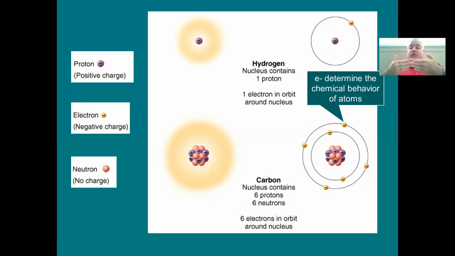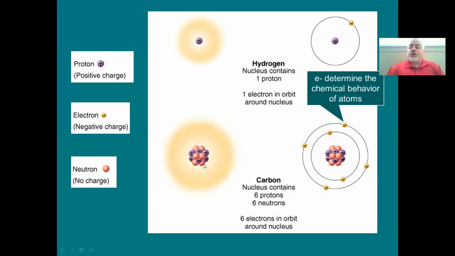They're stable if two of them are together, although that also is very reactive. We burn hydrogen gas to get rocket ships into space. Hydrogen is very reactive and volatile. But anyway, that is a hydrogen atom.